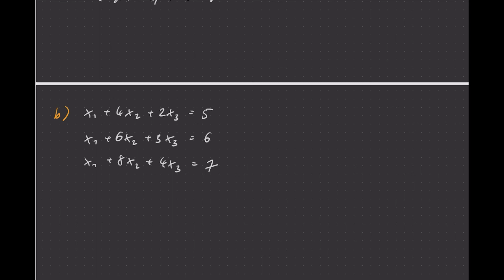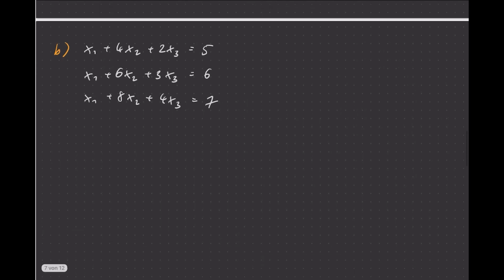We'll translate that into tableau form first. And the tableau form for that is, well, the first row is 1, 4, 2, and the right-hand side of 5. Then we have 1, 6, 3, and the right-hand side of 6, and 1, 8, 4, and the right-hand side of 7.